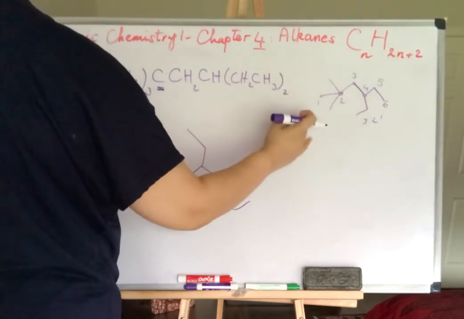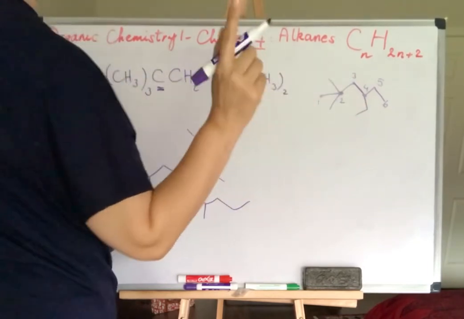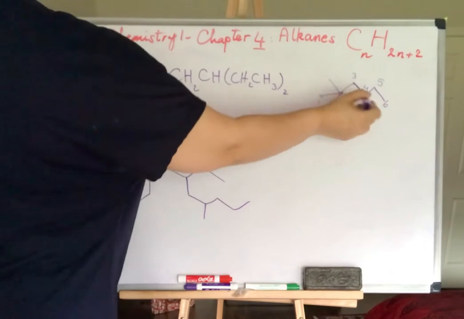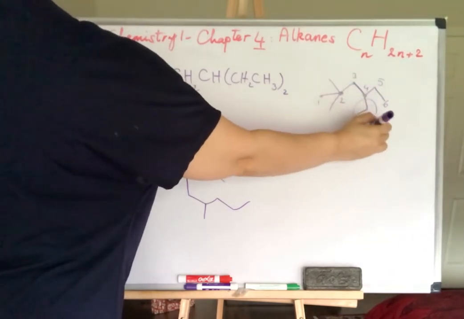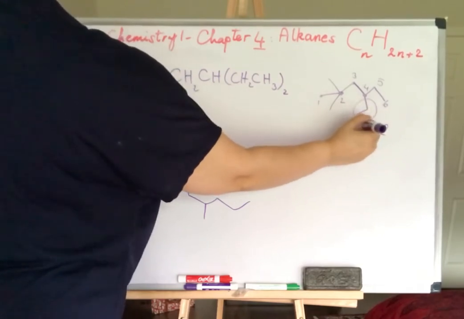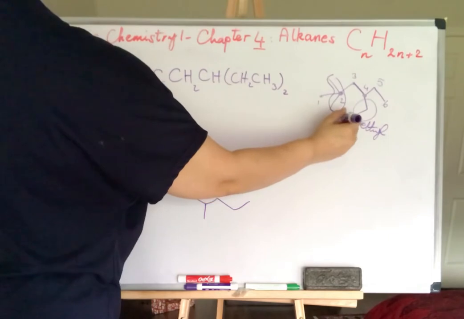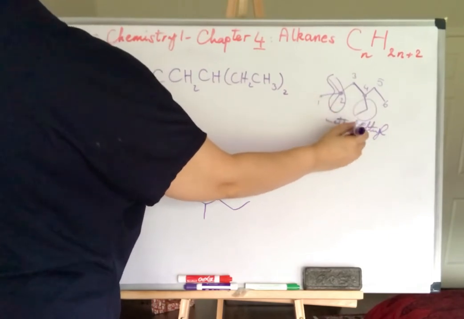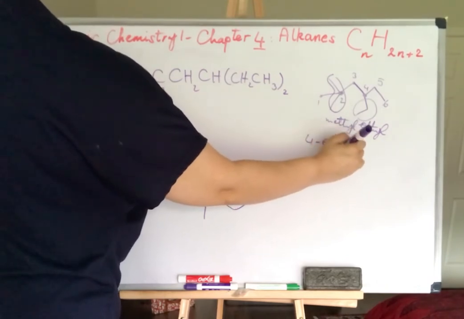So which one is preferred? The one that reaches 2 methyl groups faster. But don't forget, in naming, you are supposed to write the name of the ethyl group first, because ethyl, E, comes alphabetically before methyl. So, where is the ethyl group? For ethyl, 3.